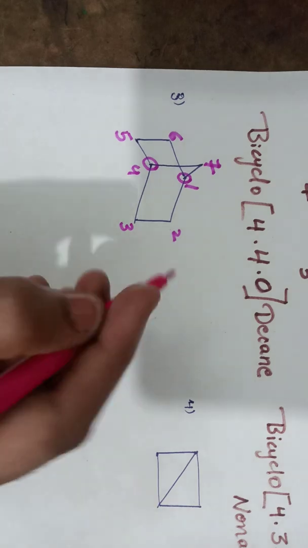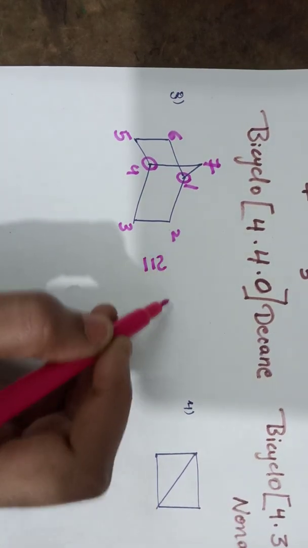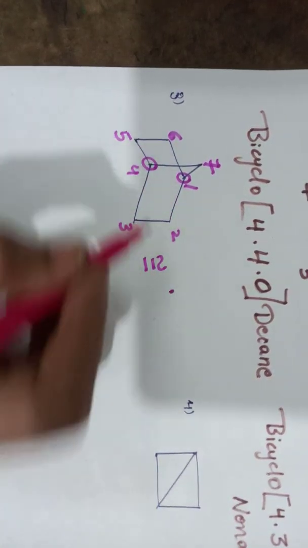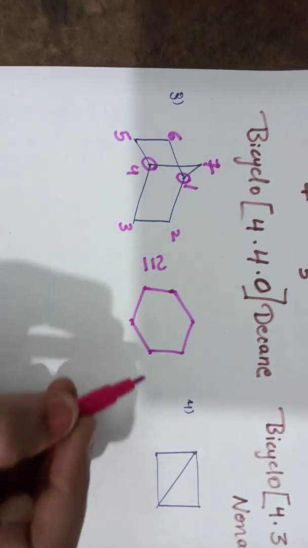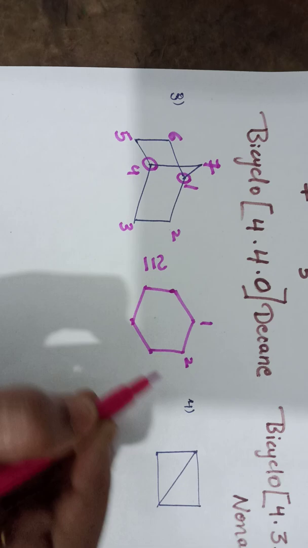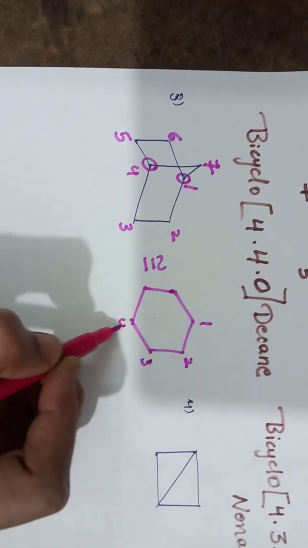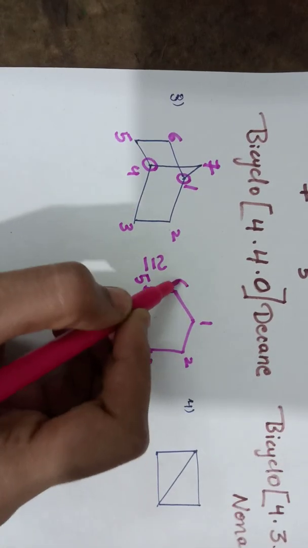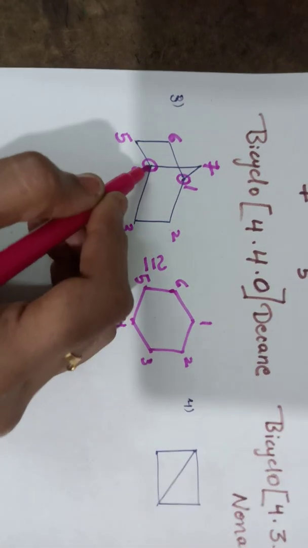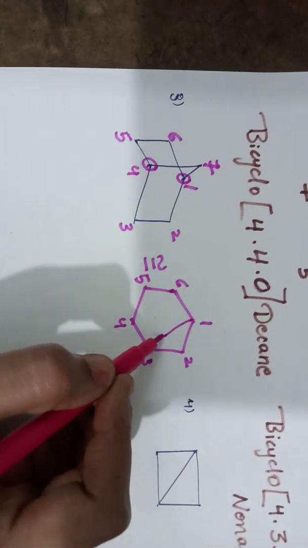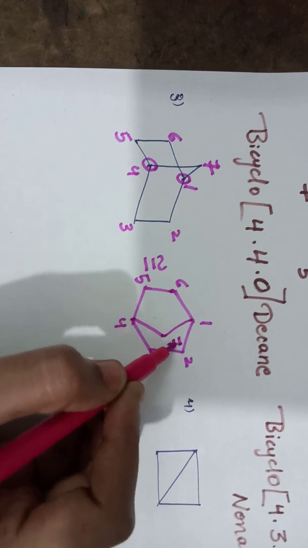If you find it is difficult, then convert it into simplest form. Here we are having 6 carbon atoms, that is cyclohexane ring, with 1, 2, 3, 4, 5, 6, and the bridging takes place at first and fourth position with 1 carbon, that is 7.